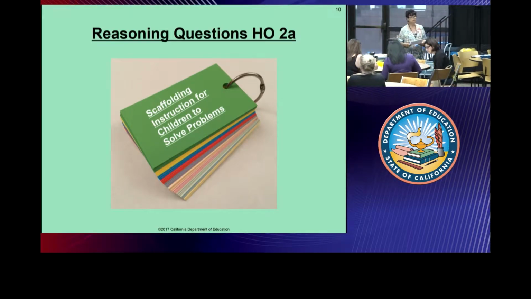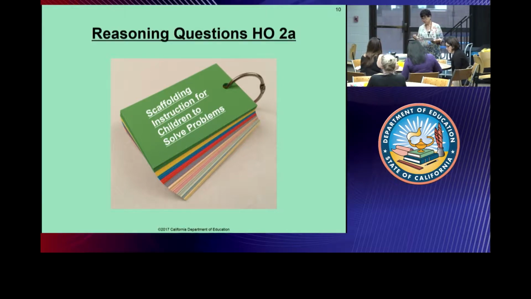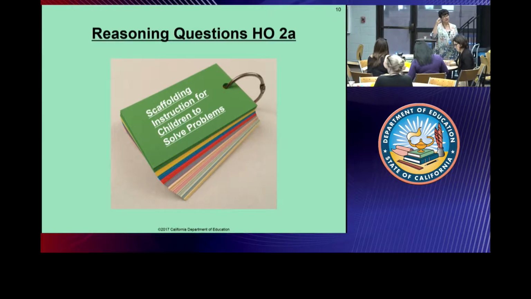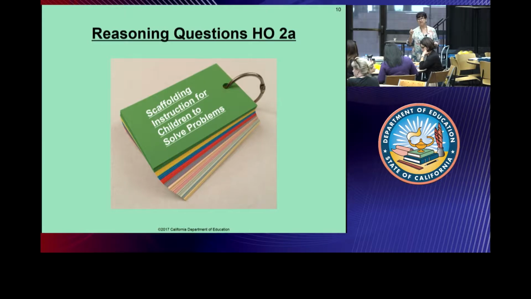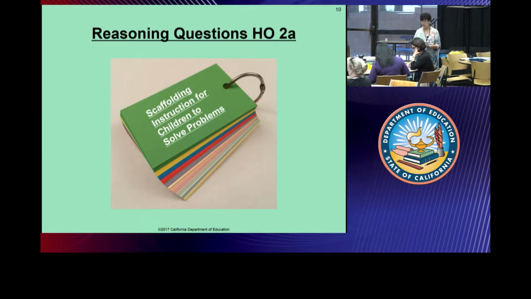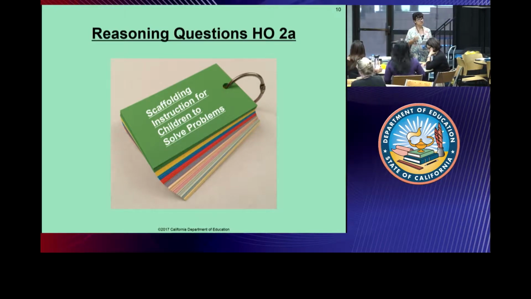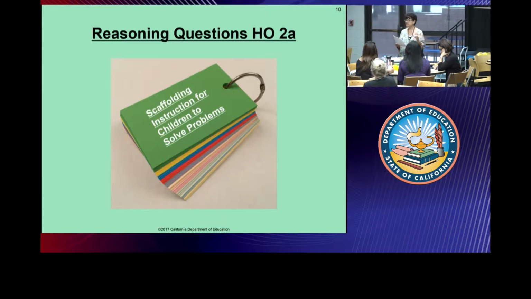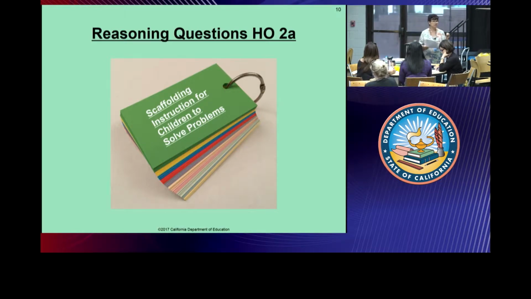I'm going to show you a video with children that are utilizing that mathematical reasoning. Keep this handout out, but also notice what the teachers are asking. Observe the questions of the teachers. How are these teachers increasing and supporting that mathematical reasoning?